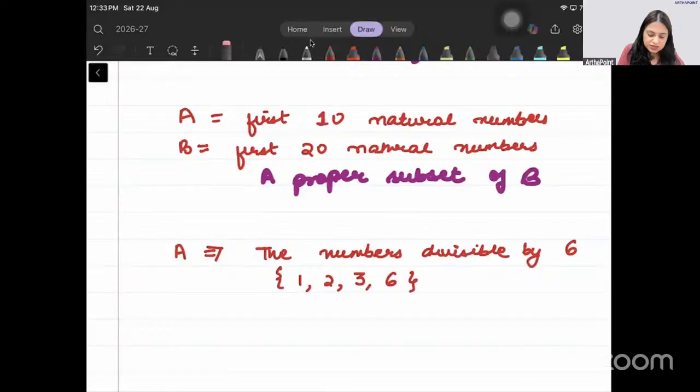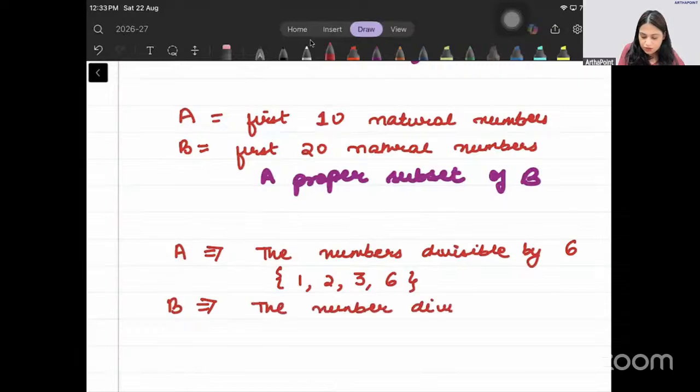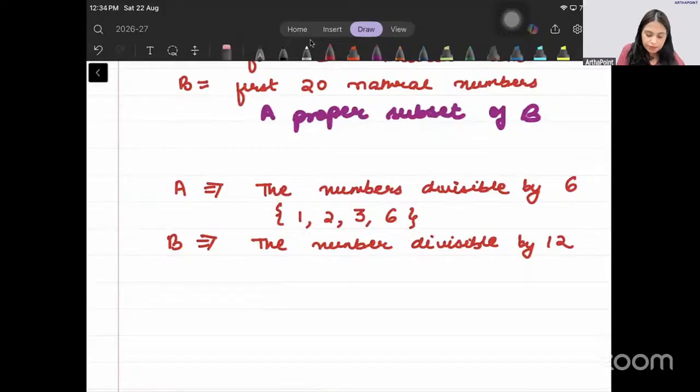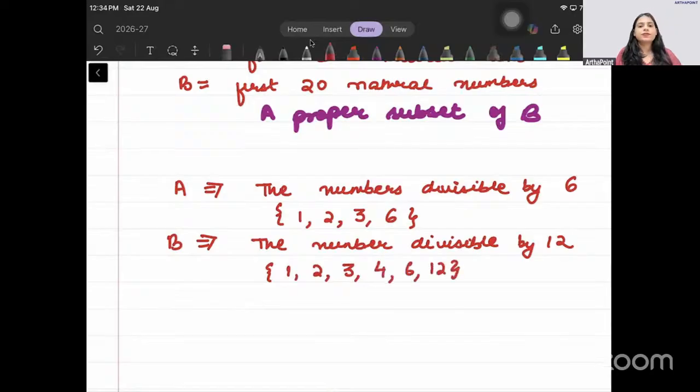And B is the numbers divisible by 12, number divisible by 12 लेते हैं first. So what will be B? B will be 1, 2, 3, 4, 6, 12.